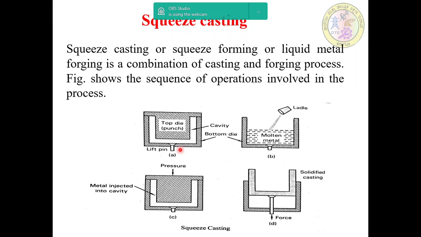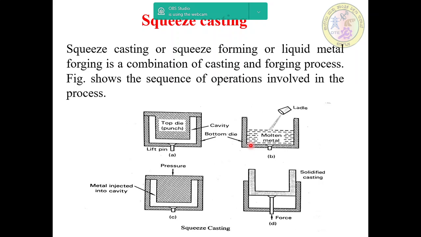The bottom die is preheated to around 200 to 250 degrees centigrade with the help of a torch and sprayed with water-based graphite lubricant to facilitate easy removal of the casting after solidification.